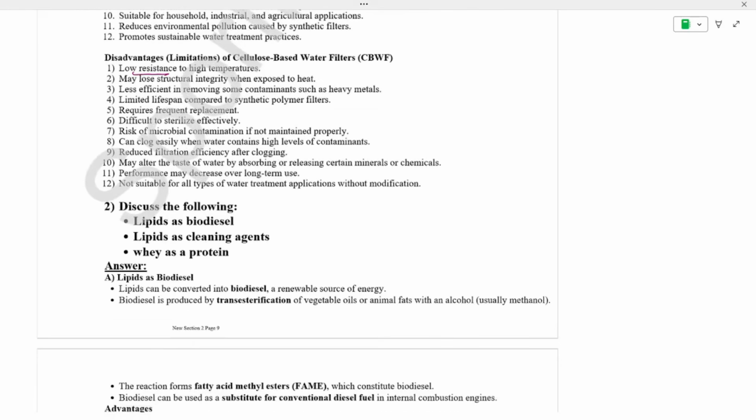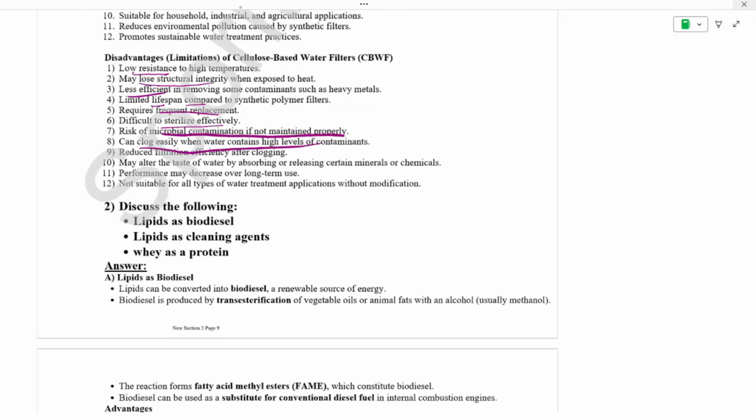If you see the low resistance, it may lose structural integrity and be less efficient, and there is a limited lifespan, and frequent replacements will be required. It is difficult to sterilize effectively. And next is the risk of microbial contamination if not maintained properly.